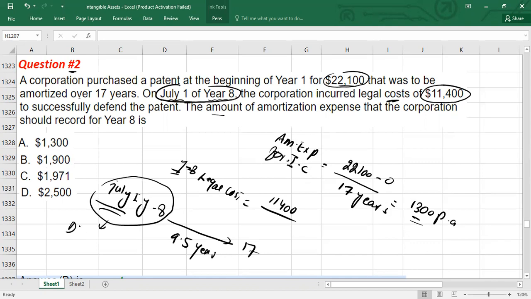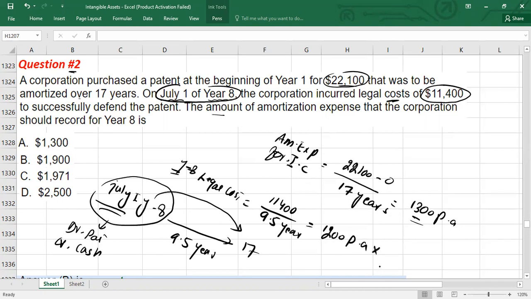You are going to debit the patent and credit the cash by 11,400. So from this date till the end of the period, we have 9.5 remaining years. So I will divide by 9.5 years, which are remaining from this date, to get the annual amortization. 11,400 divided by 9.5 years, you are going to get 1,200 amortization per annum.